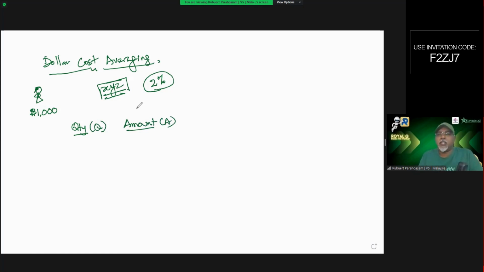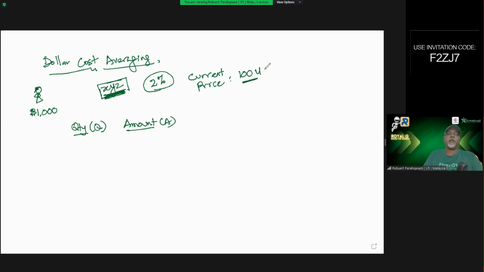Now, let's say the current price of XYZ is $100, or 100 USDT per coin.